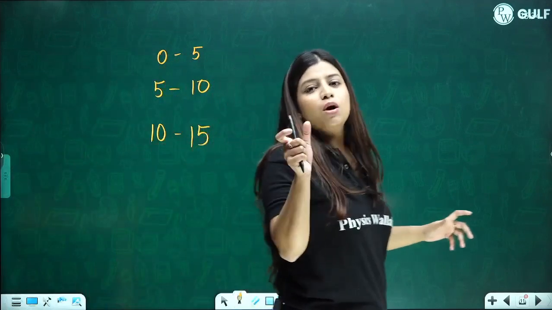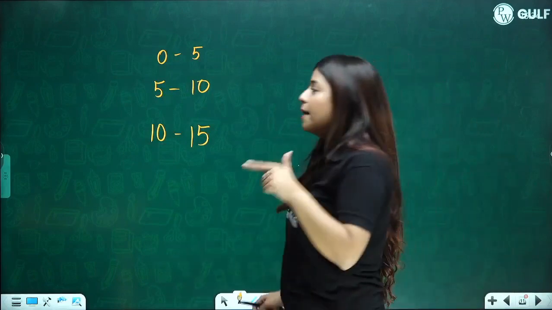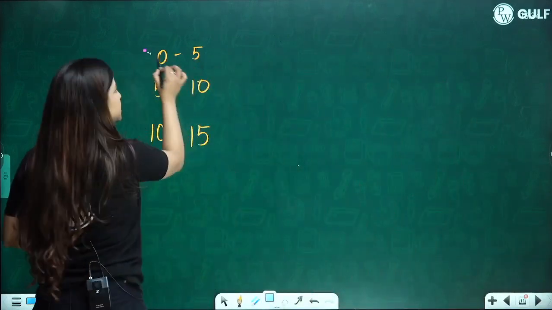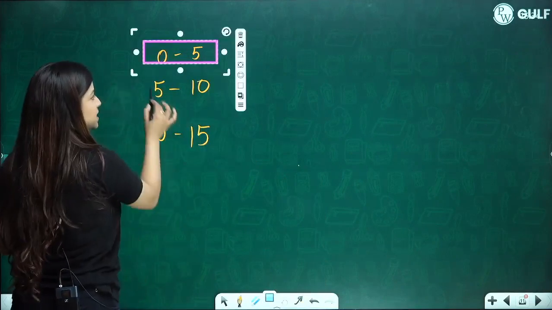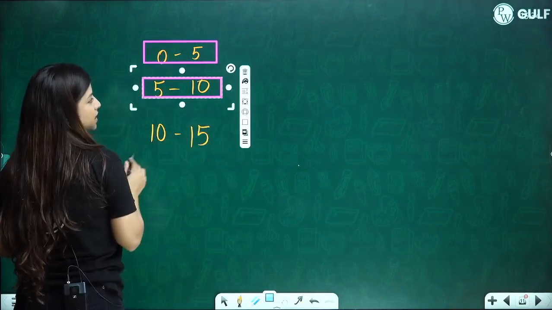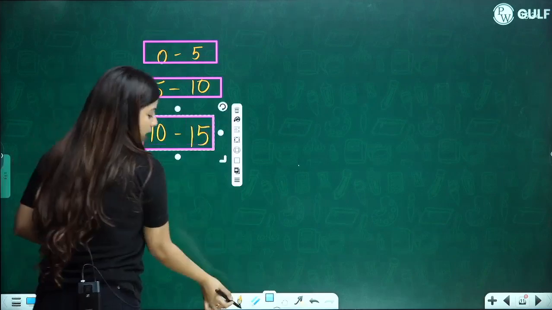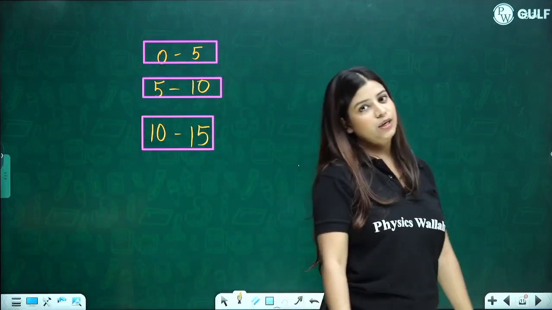So from 0 to 5, students, this whole is considered as a class interval. This whole is also considered as a class interval, and this is also a class interval.